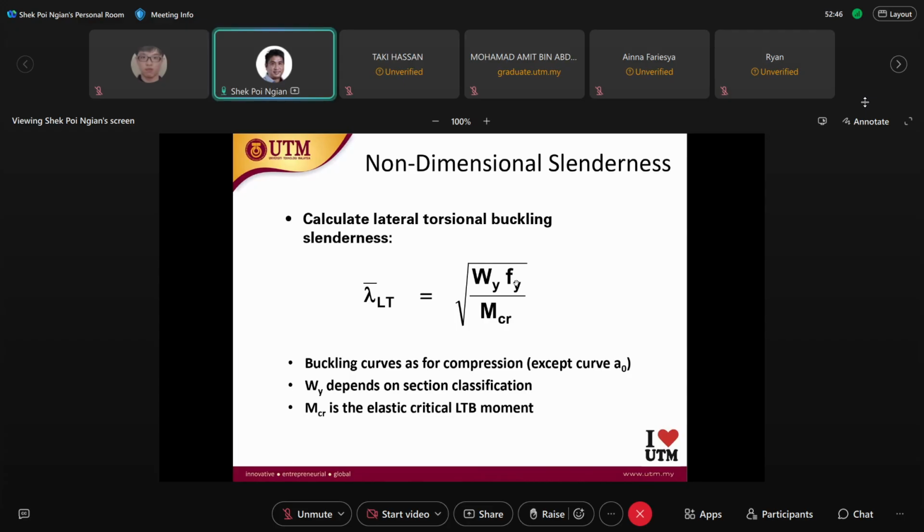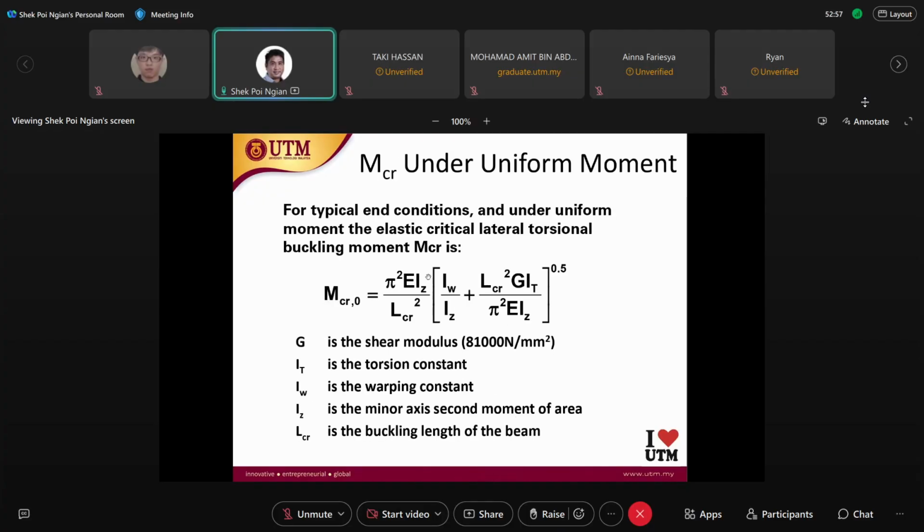And then we have MCR. MCR here is the elastic critical lateral torsional buckling moment. To calculate MCR, for typical end condition and under uniform moment, the elastic critical lateral torsional buckling moment MCR is pi squared E Iz over LCR squared, times the square root of Iw divided by Iz plus LCR squared times G It divided by pi squared E Iz.